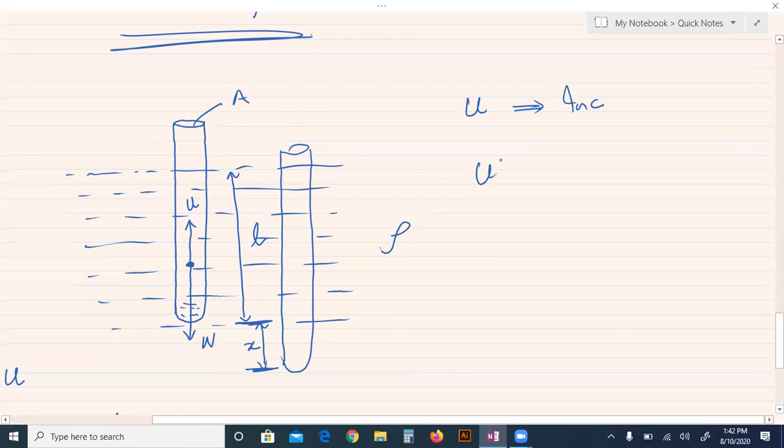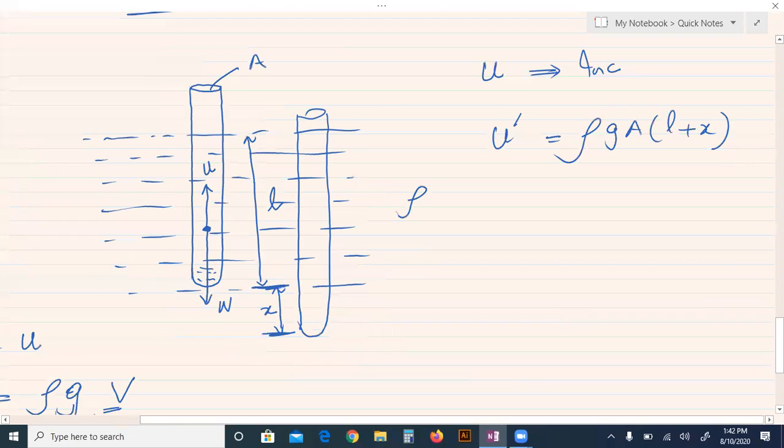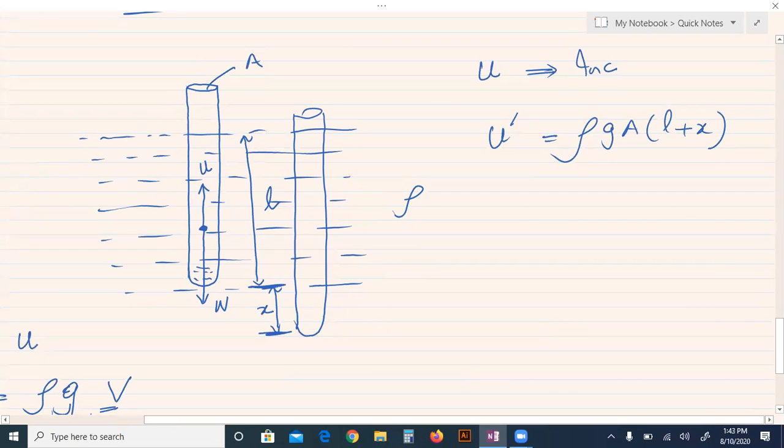So the new upthrust is equal to rho g A into L plus x, instead of L, because it is rho g into volume. So this becomes the new volume displaced. So it is made stationary by the extra force. You are exerting this force. Now three forces are acting: one is the weight, other is the upthrust, and third is your force.